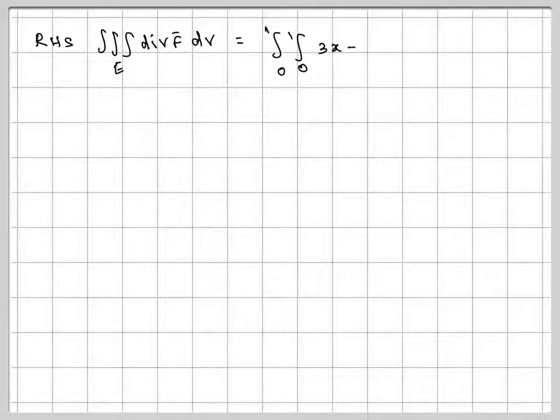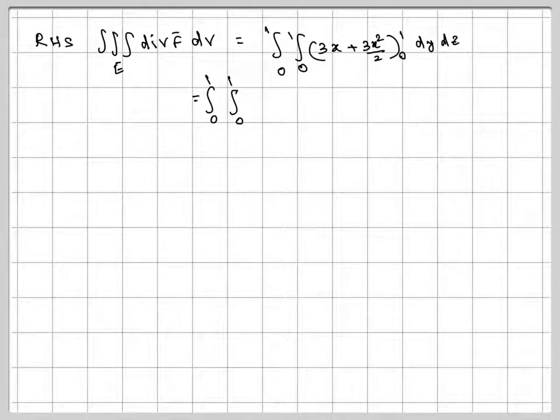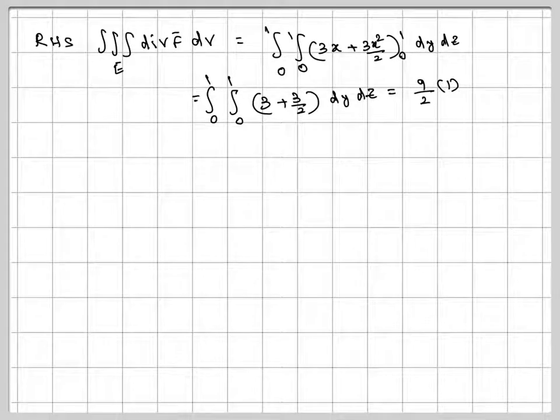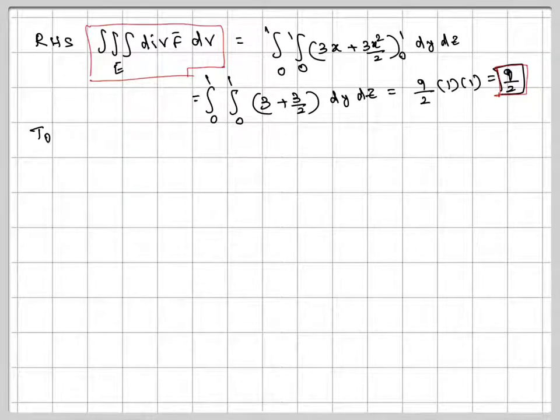It is nine halves. If we compute this triple integral, it will turn out to be 9/2. Keep in mind these are all definite integrals, and all the limits are 0 through 1.